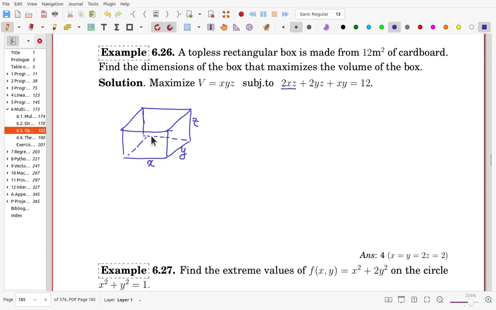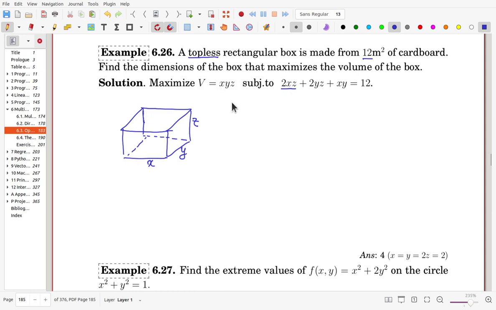Now xy is the area of the bottom, but we want a topless rectangular box, so here we have only one xy. Total area must be 12. So we have this equation. It will be used for the constraint, and that is g of xyz, and there's f of xyz.